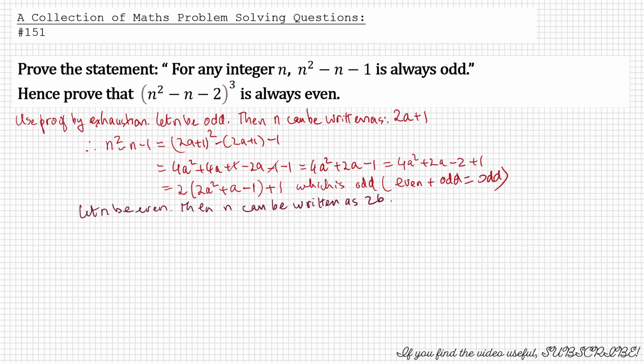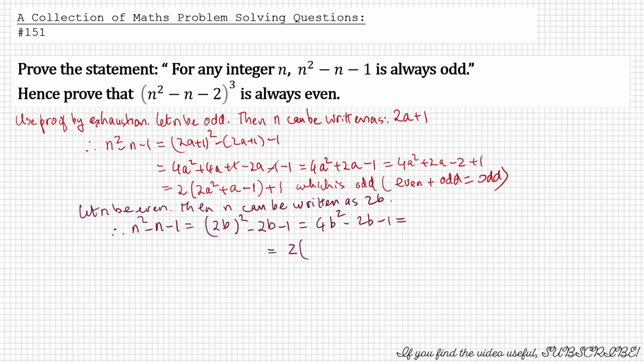So therefore you can write n square minus n minus 1 as 2b square minus 2b minus 1, and that is 4b square minus 2b minus 1, and that equals 2 outside the bracket, and we can do it again once more like that.